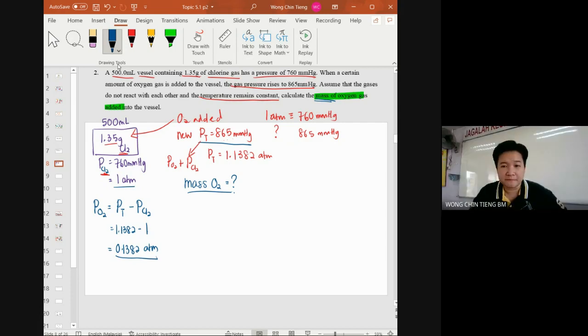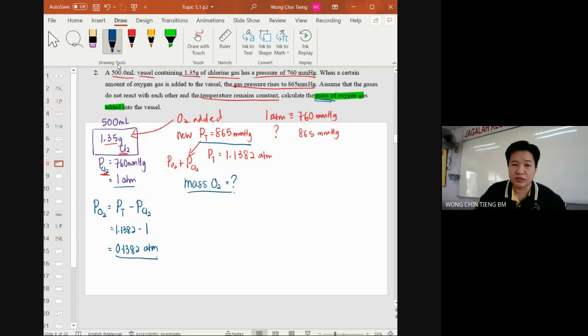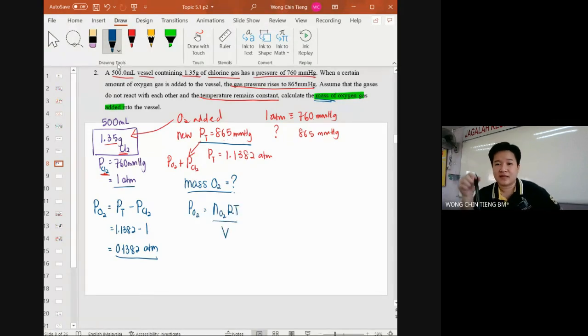Zul buat macam mana? Guna PO2 lepas tu nRT over V. Okay. Zul kata guna P oxygen gas, nO2 RT over V. And siapa yang guna formula dia ni, dia akan stuck.